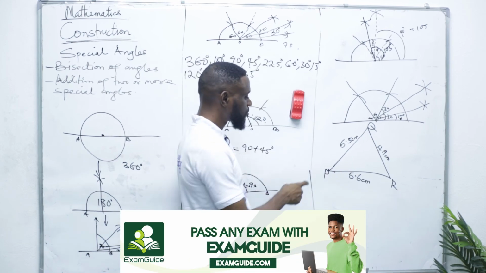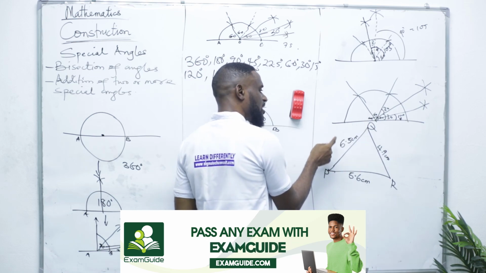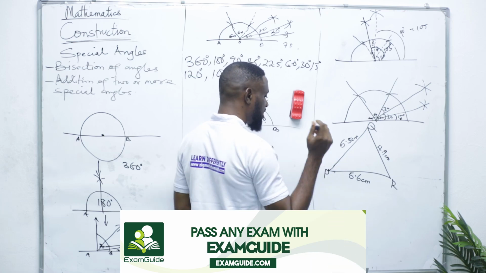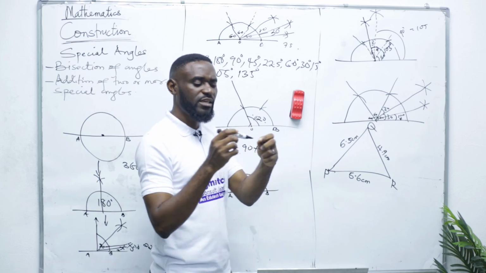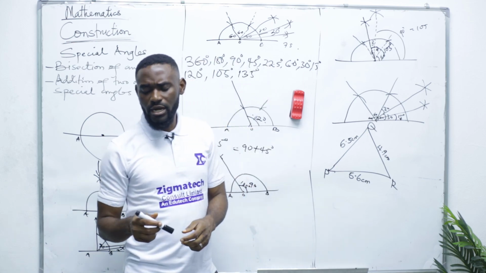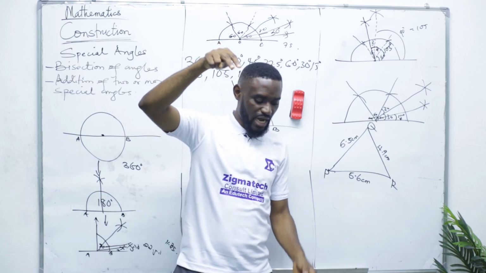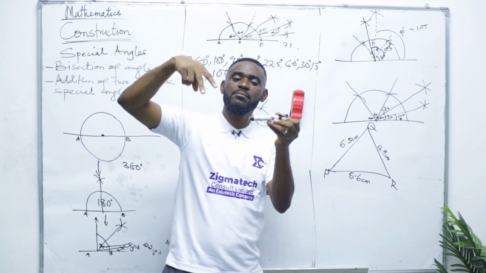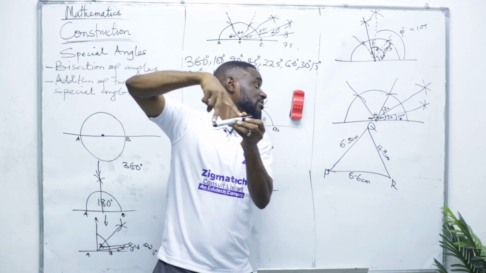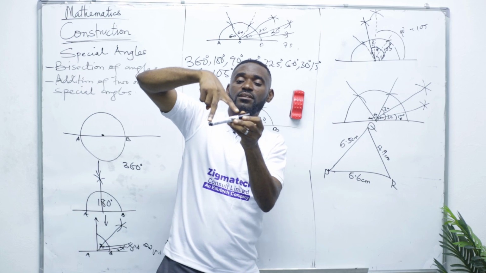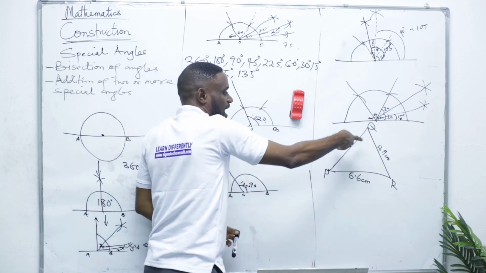Now, line PQ was gotten by the person that constructed this measuring, if this is the compass, this is my hand, and this is the ruler, from point 0 to where they have 6.5, this radius, and came to point P and drew an arc.